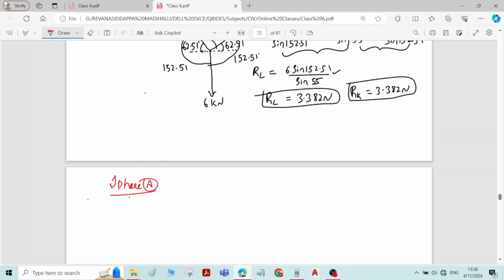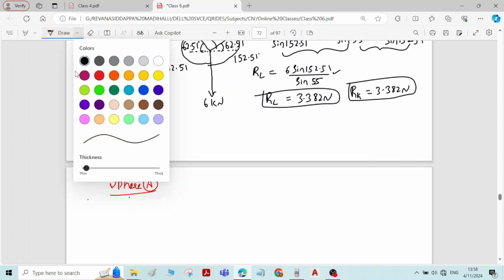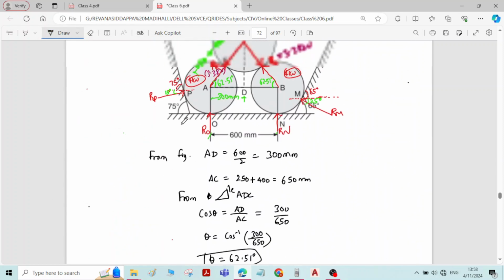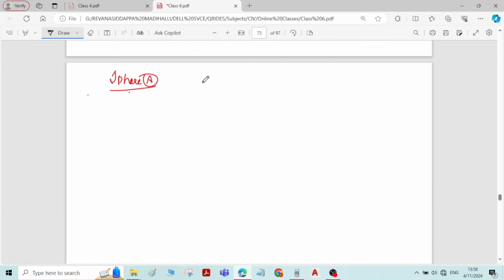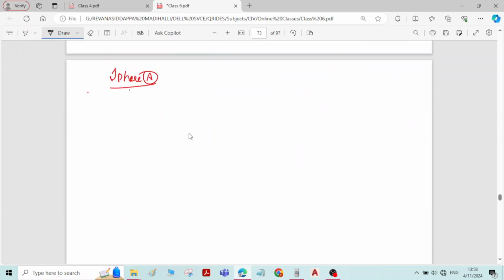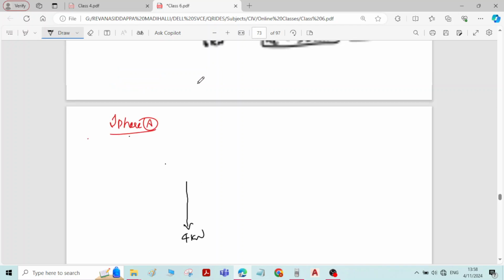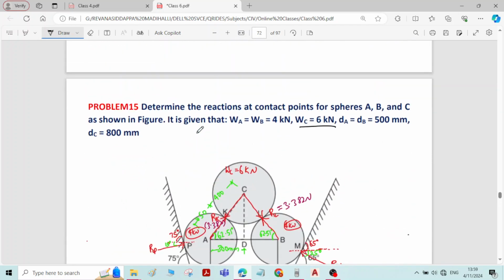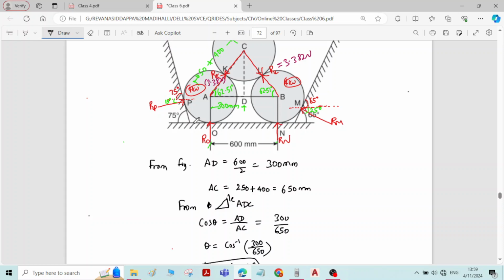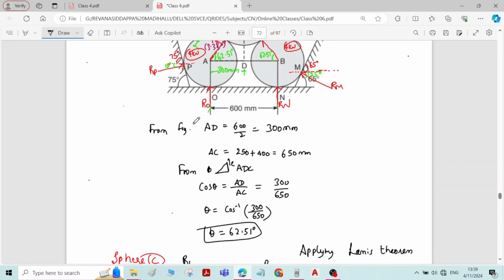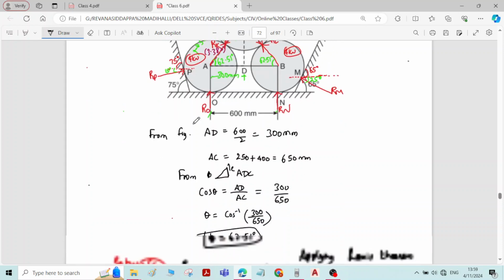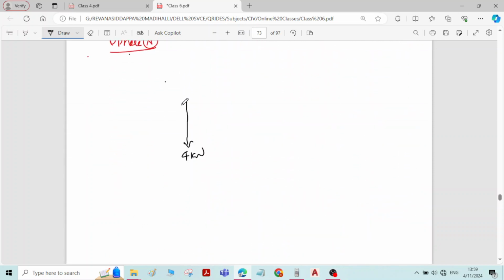For sphere A, we will write the free body diagram. For sphere A, what is the self weight we have? 4 kilonewton, which is in downward direction. Then there is reaction at point P along right top direction with an angle of 15 degree, RP.